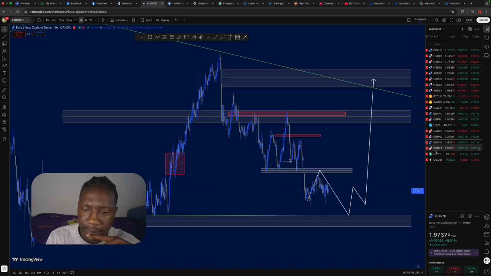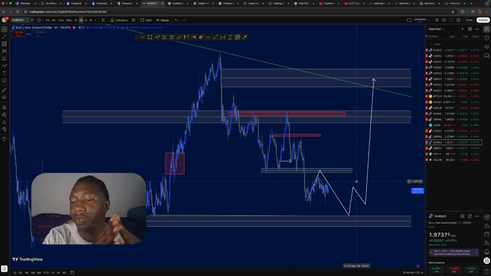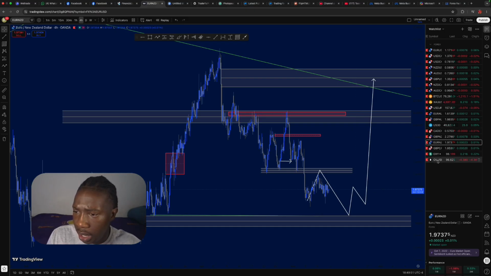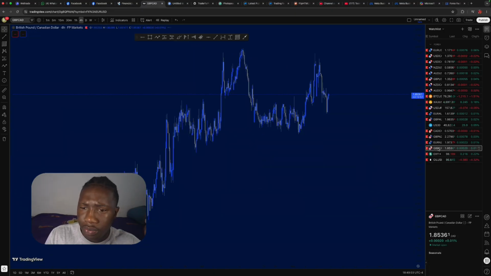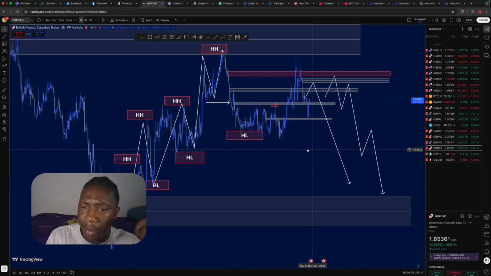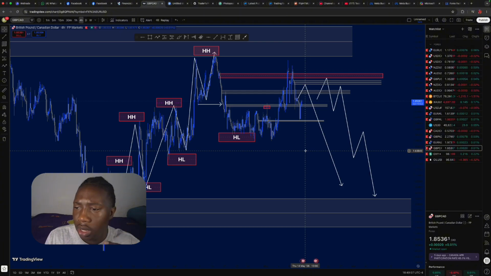Euro NZD, right now Euro NZD is also the same as GBP NZD, but we will see what is going to happen. And GBP CAD, we said we need a move to the upper direction to take the trade to the downside.